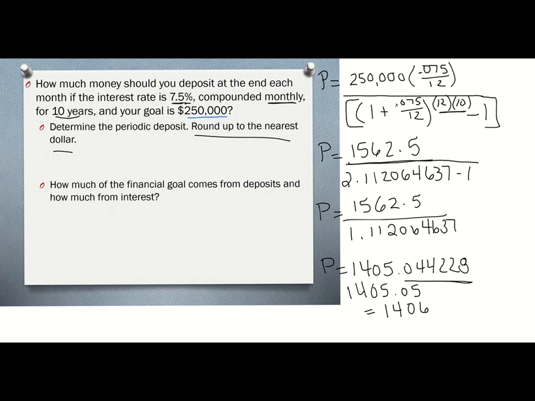And then the question is, how much comes from deposits and how much from interest? This is what we're going to deposit every month to have $250,000 at the end of the 10 years.